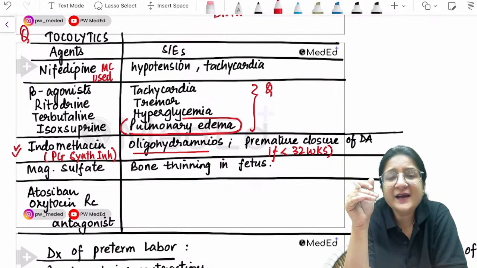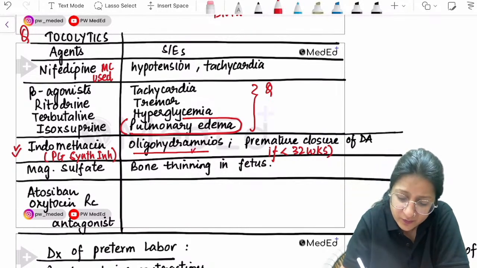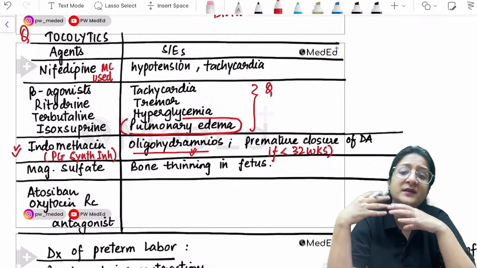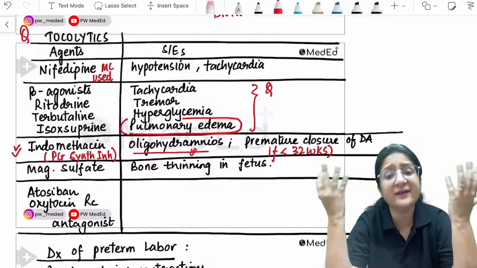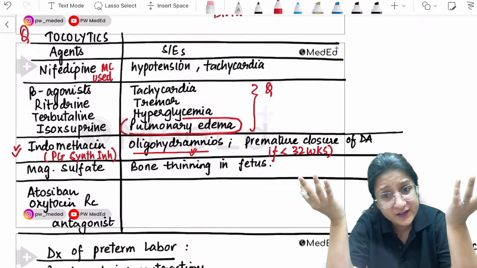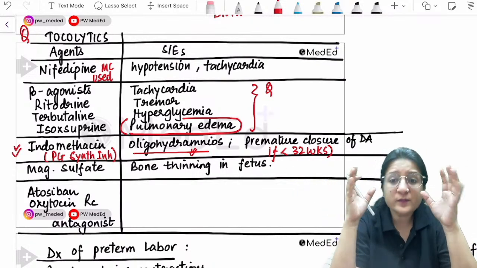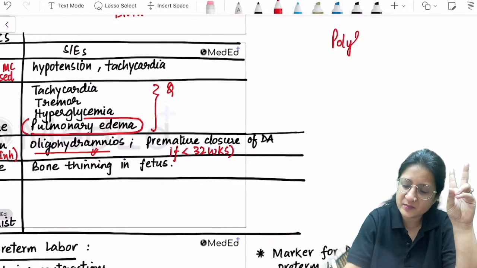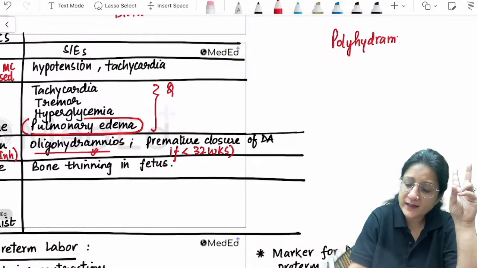Now also understand that this side effect profile of indomethacin has sometimes been used to treat women with polyhydramnios. Interesting, right? We should have discussed polyhydramnios earlier, but let us discuss it right now.